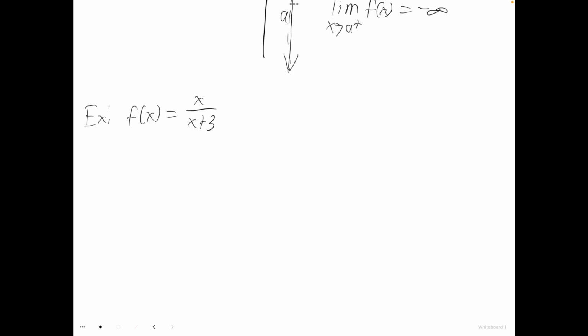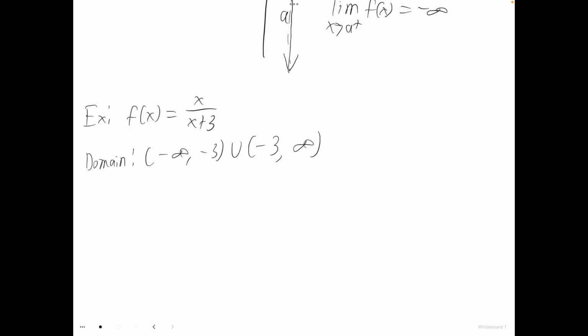This function has a domain of everything other than minus 3, because we can't divide by 0, and if we plugged in negative 3, we'd be dividing by 0. Other than that, this is a rational function, so its domain is everything other than that point. So if we have a vertical asymptote, it would happen at negative 3.